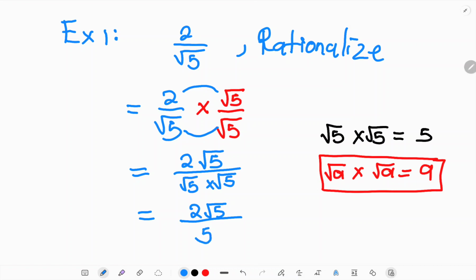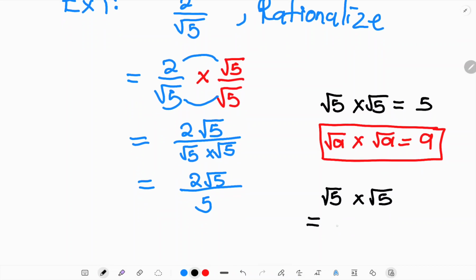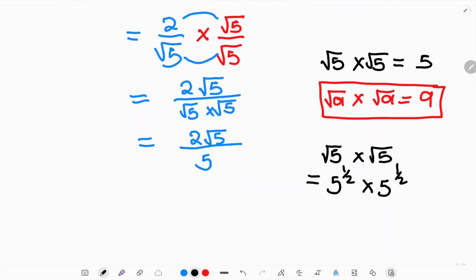One way to look at this: you already know that root of 5 multiplied by root of 5 could also give you 5 to the power 1 over 2 multiplied by 5 to the power 1 over 2. When it's the same base, we add the exponents because they are multiplied together.